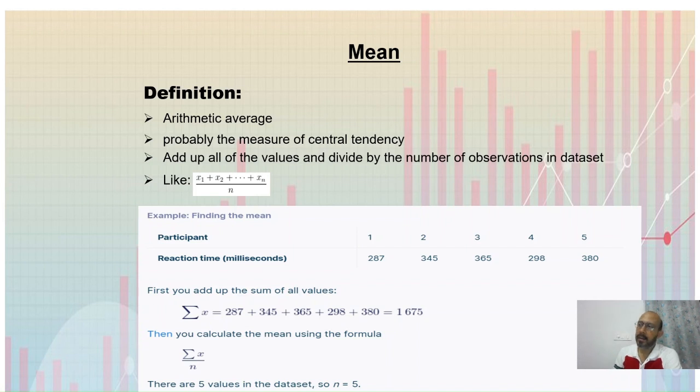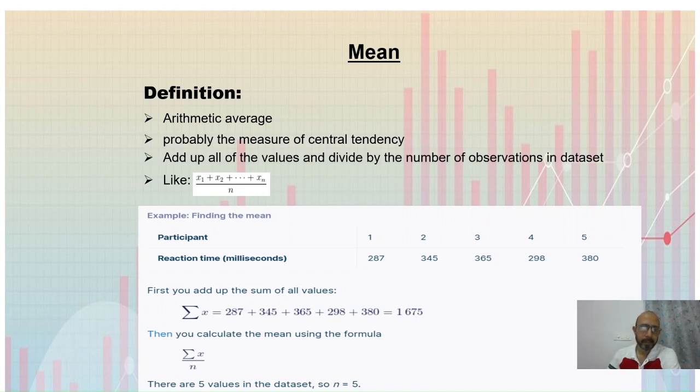Mean. The mean is the arithmetic average, and it is probably the measure of central tendency that you are most familiar with. Calculating the mean is very simple. You just add up all of the values and divide by the number of observations in your dataset.